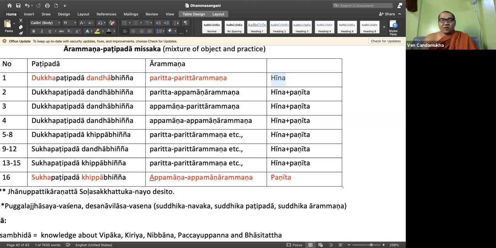Then, in order to suit their need, the Buddha, tesam ajjhasayavasena, taught the suddhika jhana, the four-fold method. So in order to suit the need of the listener. This continues to explain like that, suddhika patipada as well as suddhika arammana.